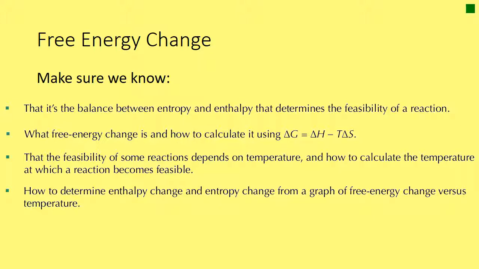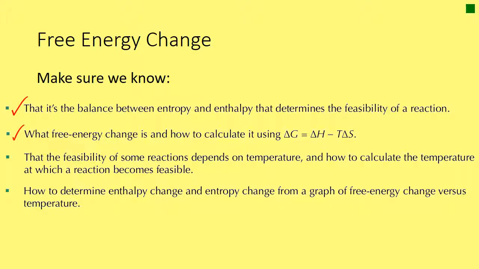So let's just recap, make sure we've covered everything. Do we now know that free energy change is the balance between entropy and enthalpy? I think so. We've done a few examples, and we know about the feasibility of a reaction as well, and we've calculated a few using our free energy equation. So we can tick these two.